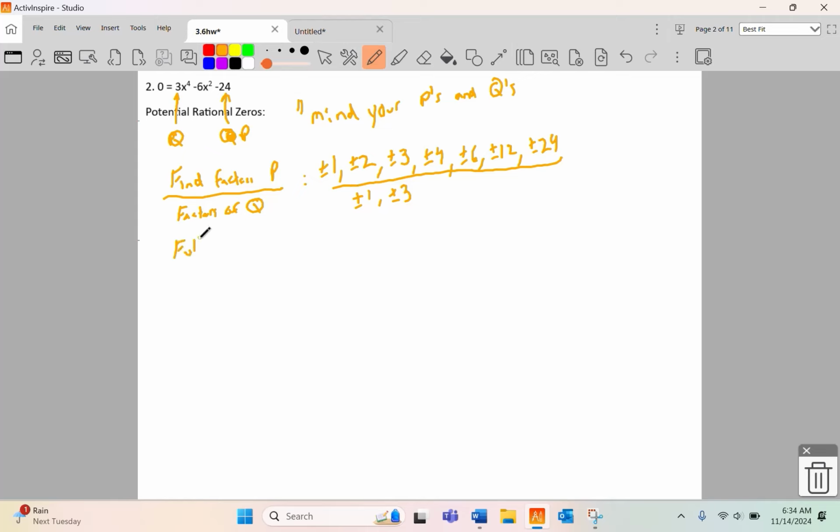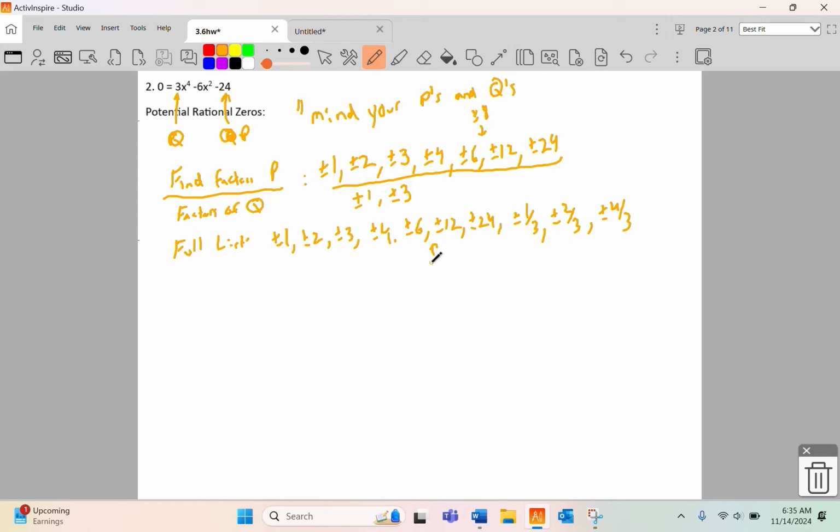So the full list is going to be the 1, the 2, I'm dividing by the 1, the 3, the 4, the 6, the 12, the 24, and then we can divide by 3, the 1/3, the 2/3, the 1, which happens again, 4/3, 6 over 3 is 2, it's already been talked about, 12 over 3 is 4, it's already been talked about, 24 over 3 is 8, which I left off, plus or minus 8.